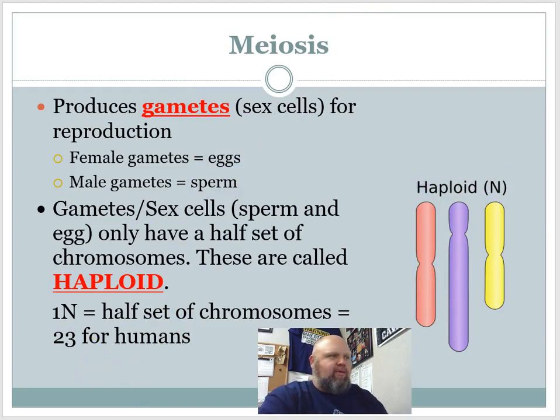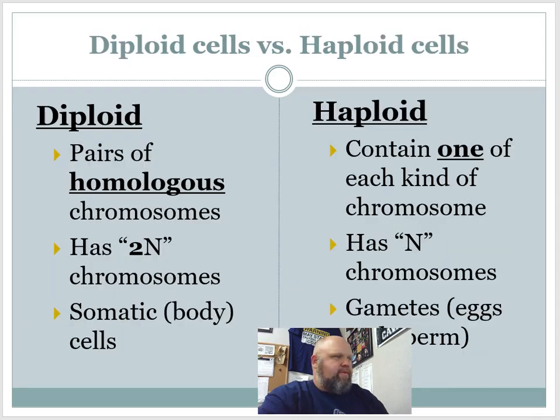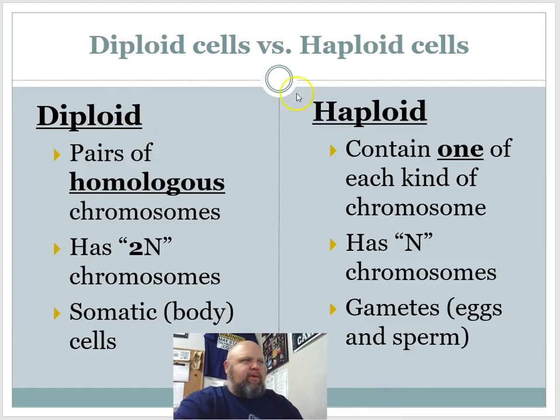Now, how do we get there? Here's the comparison: diploid to haploid. Diploid, you're going to have a drill over this coming up as well. Diploid, that di means two. Haploid, ha, half.